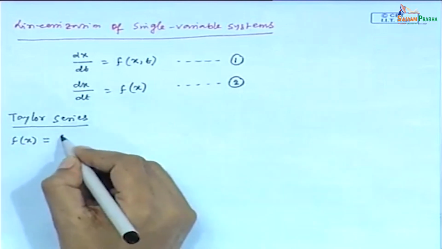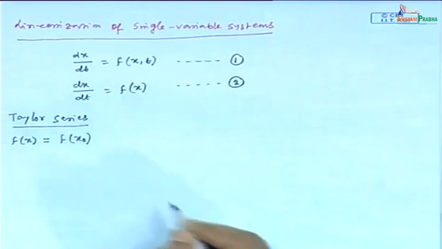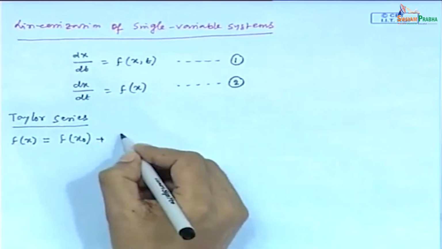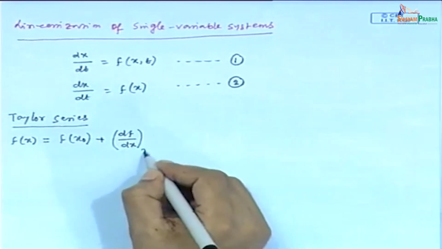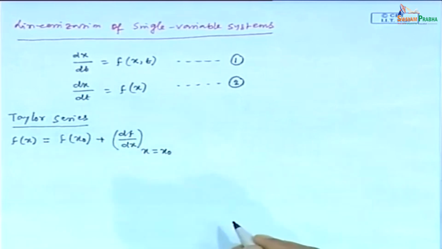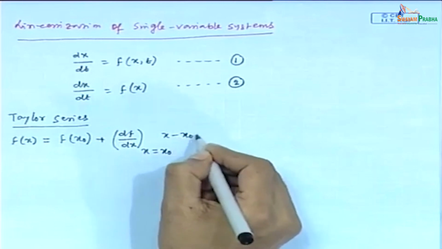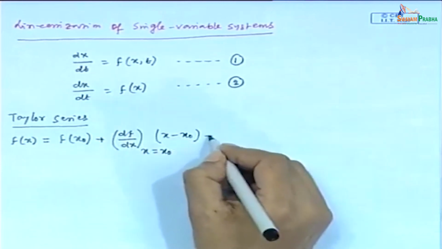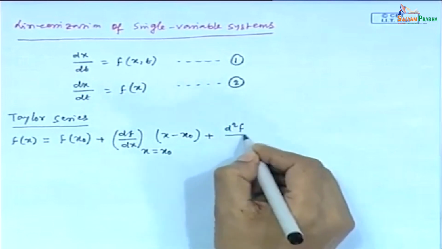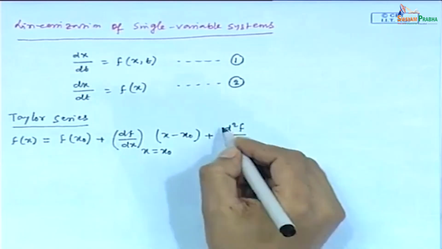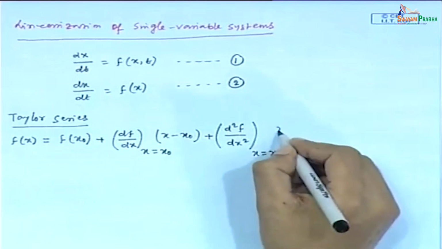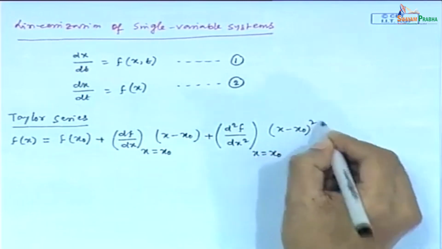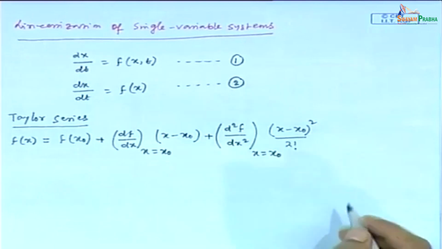Accordingly, f of x equals f of x naught, where x naught is the reference value of x, plus df dx at x equals x naught times x minus x naught, plus d2f dx square at x equals x naught times x minus x naught whole square divided by factorial 2.